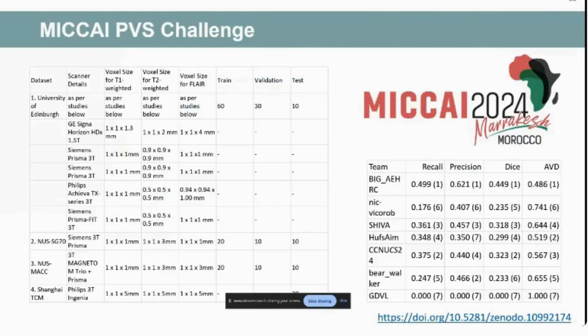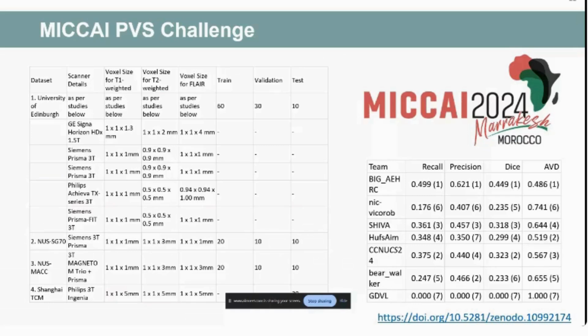We actually proposed a challenge for perivascular spaces in 2024. We just submitted another challenge for MICCAI 2026, so hopefully we'll get approved, where we provide a different data set, a subsample of a lot of data sets, with different acquisitions and different scanners, to test all the new methods in deep learning and see how they perform.